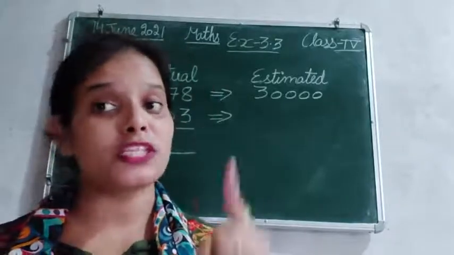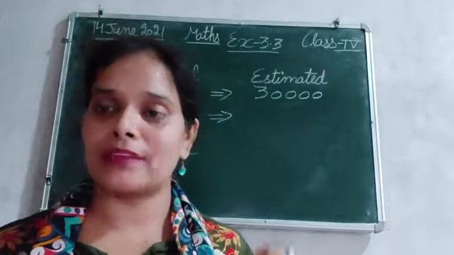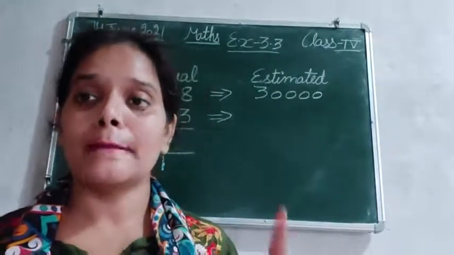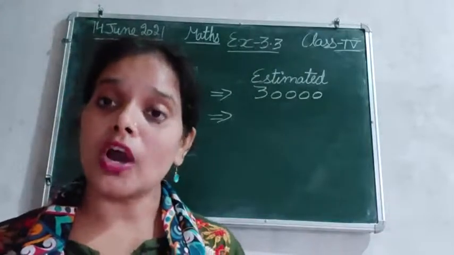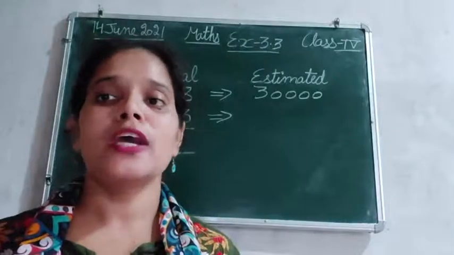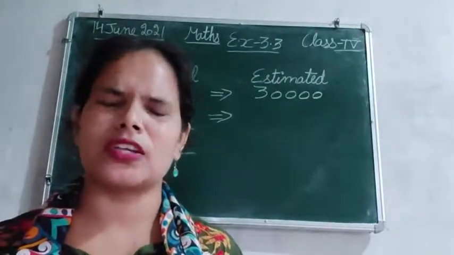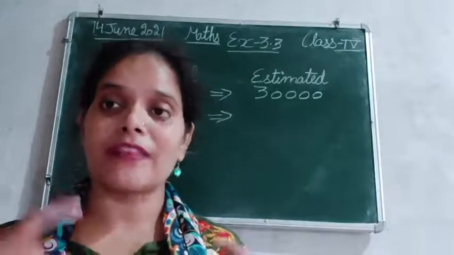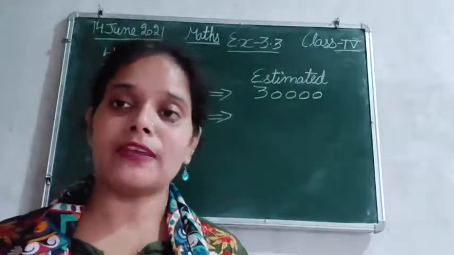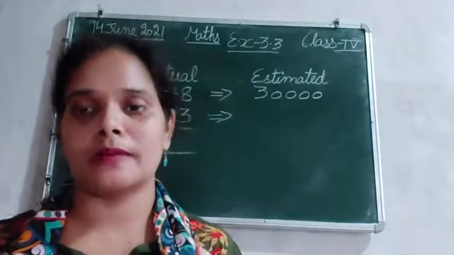If the number is smaller than 5, only then we will round it off to the previous tens, 100, 1000, 10,000, whatever the rounded figure is given. But if it is 5 or greater than 5, we will round it off to the next 10,000. 5 या 5 से बड़ा होगा, we will move to the next one, and if 5 से छोटा होगा, we will move back to the previous one.